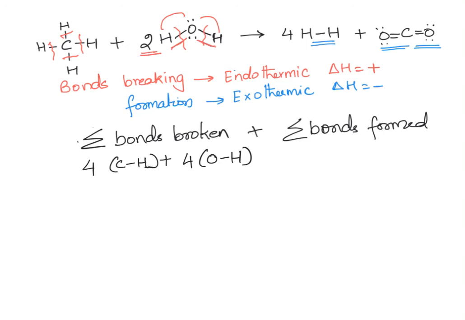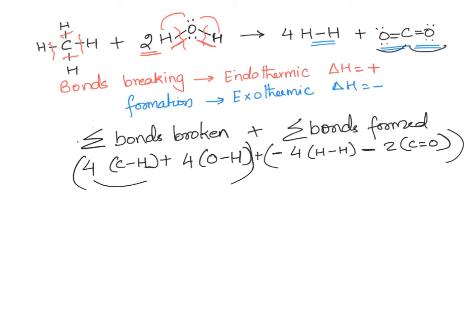So overall 4. And then we have 4 H-H bonds that are formed, and 2 C double bond O bonds formed. Now remember, since this is exothermic, we put negative for these. So these are bonds broken and these are bonds formed.